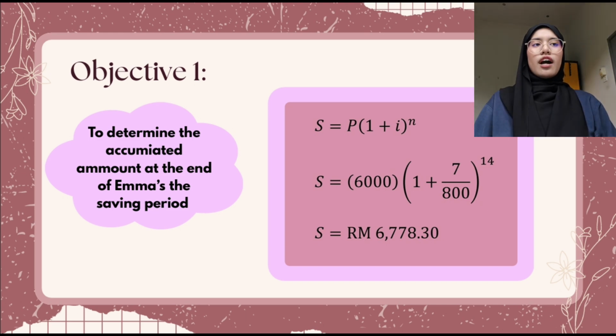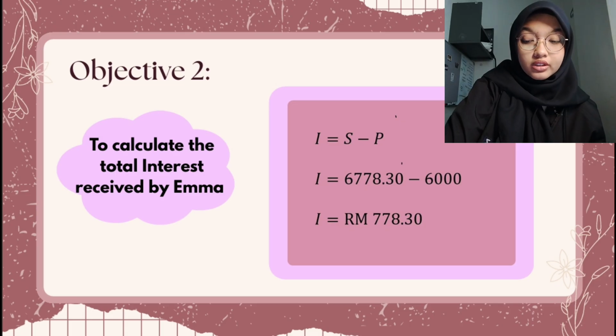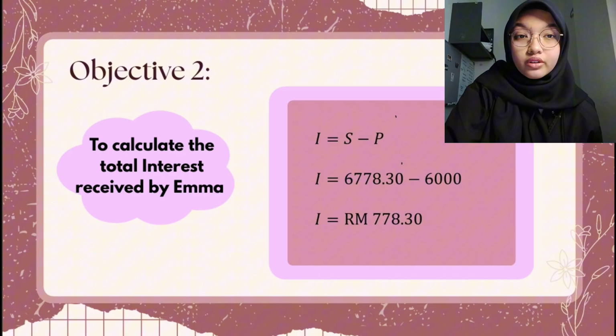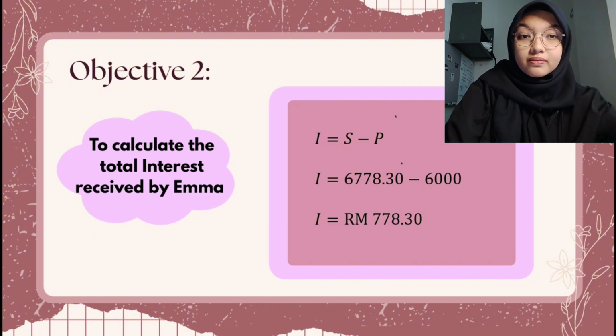S equals RM6,778.30. Objective 2 is to calculate the total interest received by Emma. We use the formula I equals S minus P. So I equals RM6,778.30 minus 6,000, and I equals RM778.30.